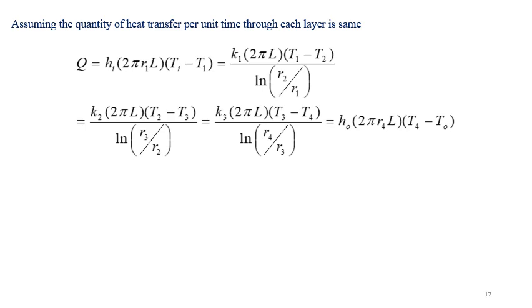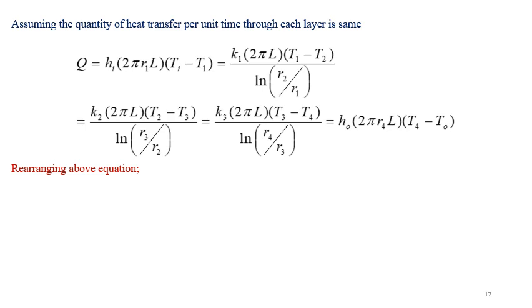How to get the surface area of a cylinder? 2 pi R1 L into Ti minus T1, which is equal to the area normal to the surface, 2 pi L, into K1 into T1 minus T2 divided by ln R2 by R1, which is equal to K2 into 2 pi L into T2 minus T3 divided by ln R3 by R2, which is equal to K3 into 2 pi L into T3 minus T4 divided by ln R4 by R3, which is equal to h0 into 2 pi R4 L into T4 minus T naught.